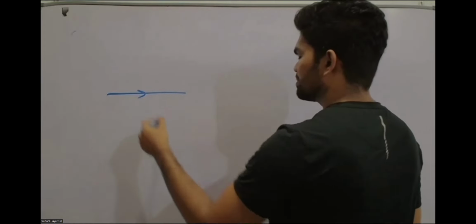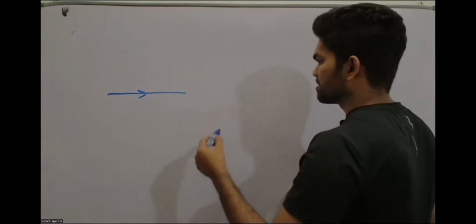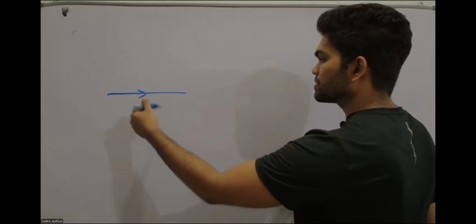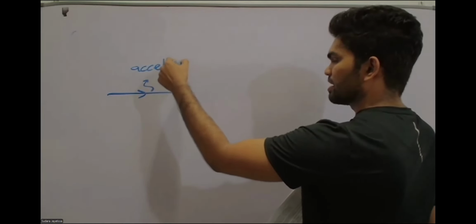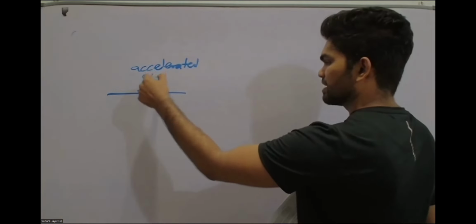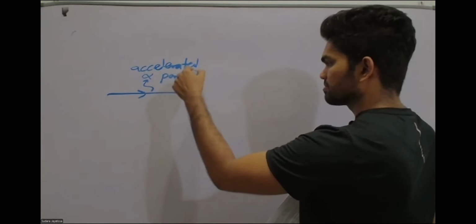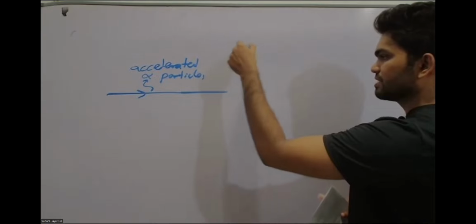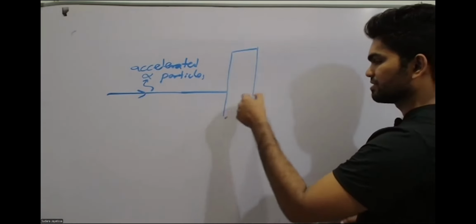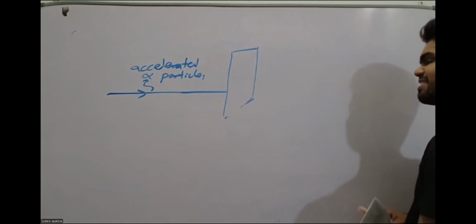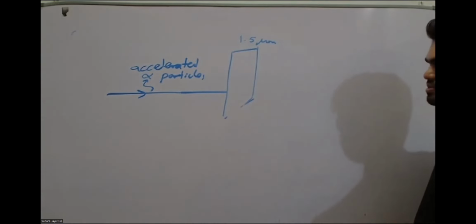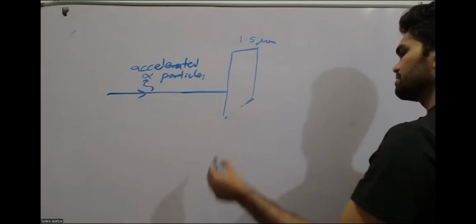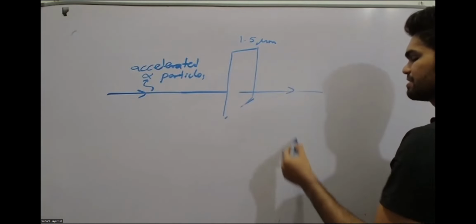This is the alpha particle source, and these alpha particles are coming very fast. They are actually accelerated alpha particles. When they come fast and pass through the gold foil, which is very thin, I told you, 1.5 micrometers, the majority of them pass.